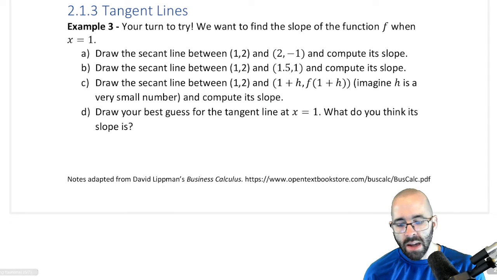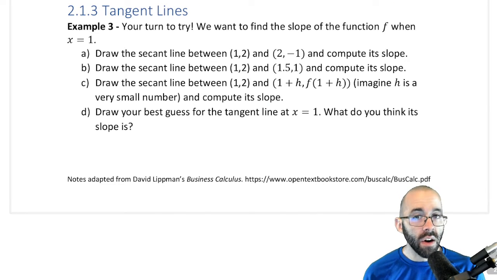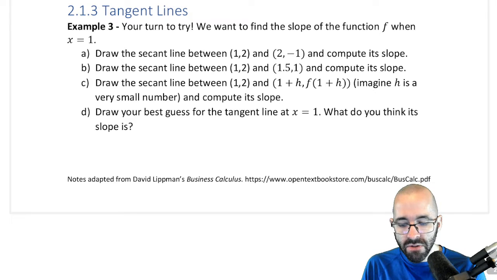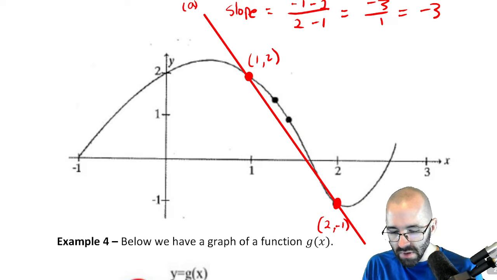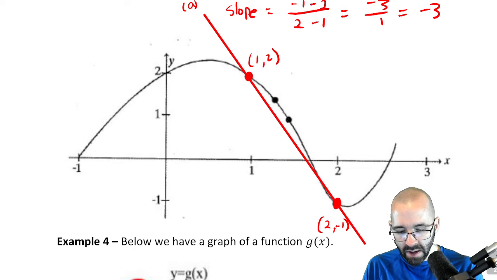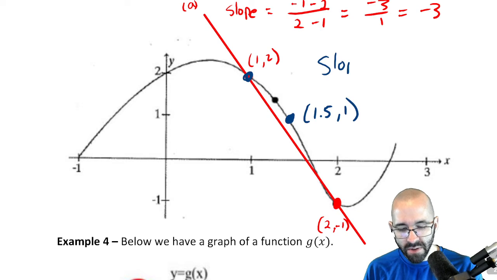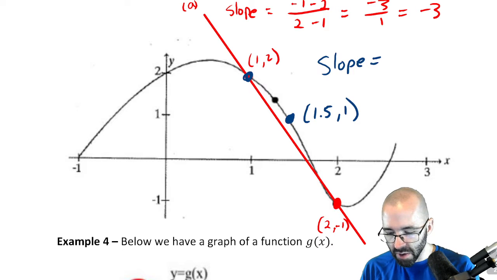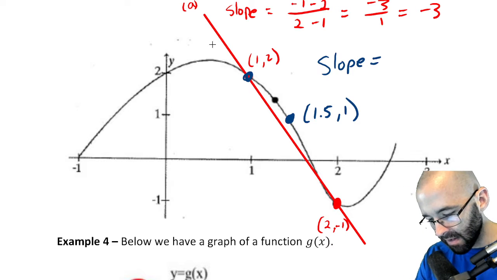Letter B wants us to do the same thing, but now don't go as far. Same starting point, but now go to the point (1.5, 1). We can do that in blue. We need to find this slope now, and we need to draw this line, so we'll do the same thing.